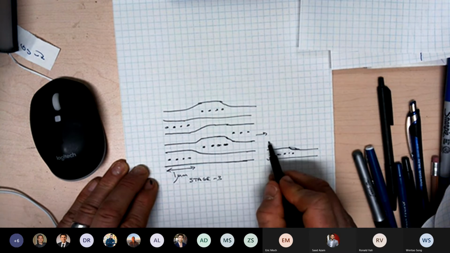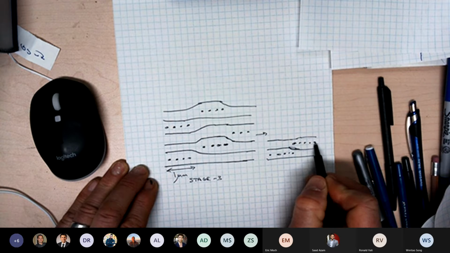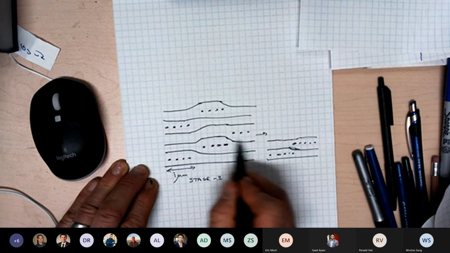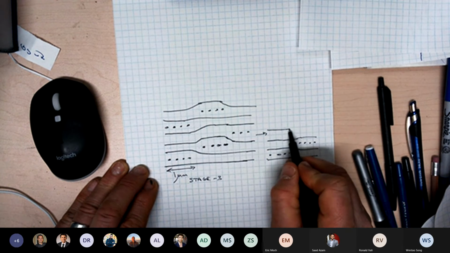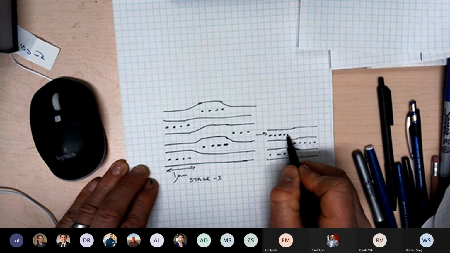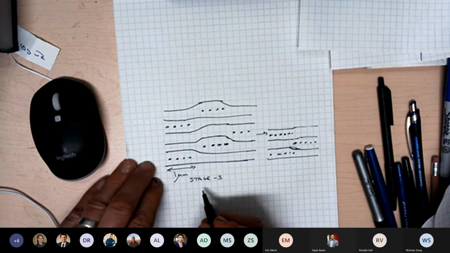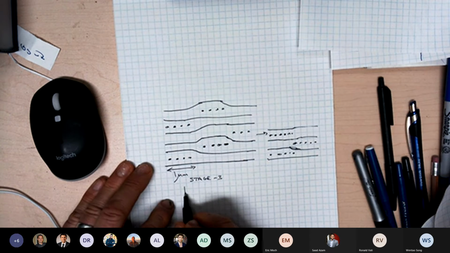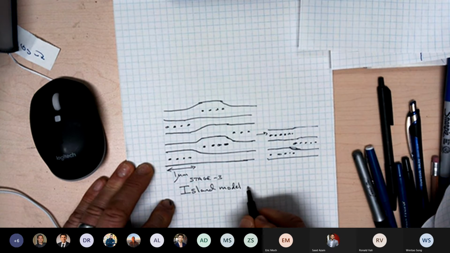And as you add more to this one, that redistributes itself. Because you're just adding more, and this island gets bigger, and then the next one goes like this. So this is called the island model of staging, because they have these islands.